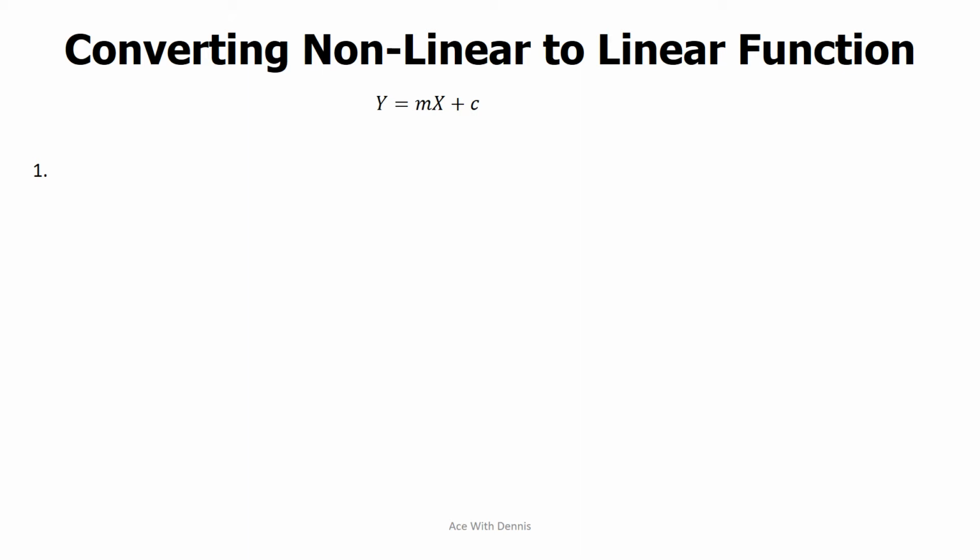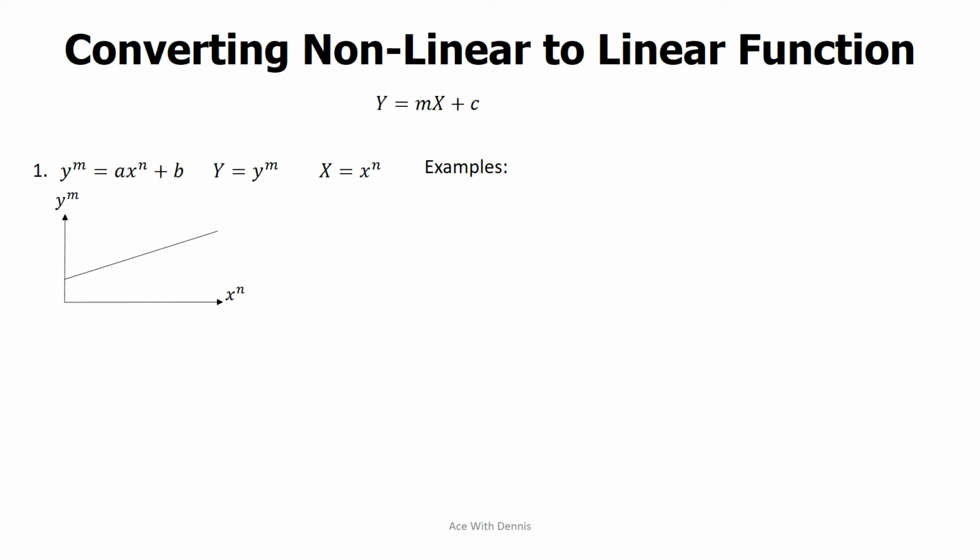The nonlinear function will be in the form of y to the power m equals a x to the power n plus b, where we let capital Y equals y to the power m, capital X equals x to the power n, and when you plot the graph, the x-axis will be x to the power n, and the y-axis will be y to the power m. So this is a straight line.